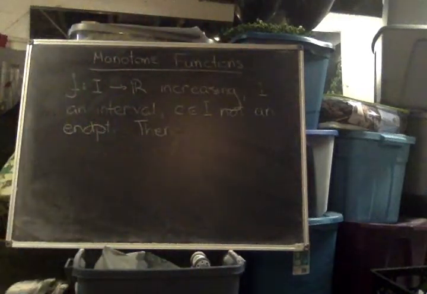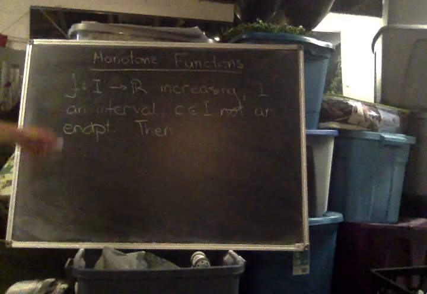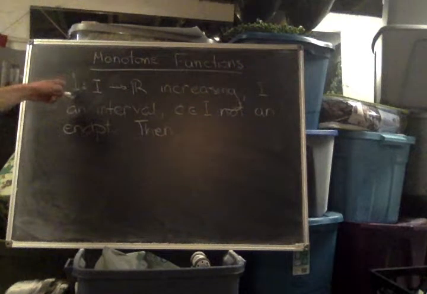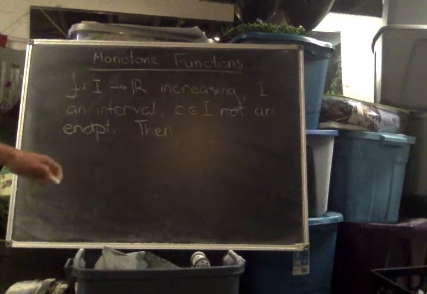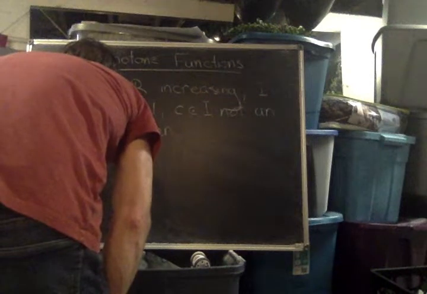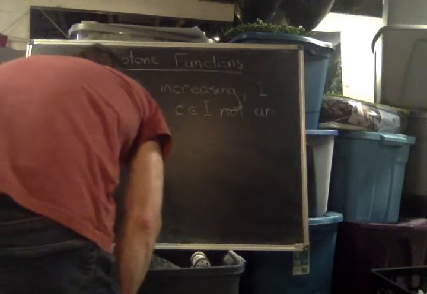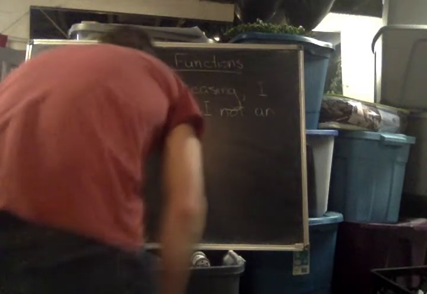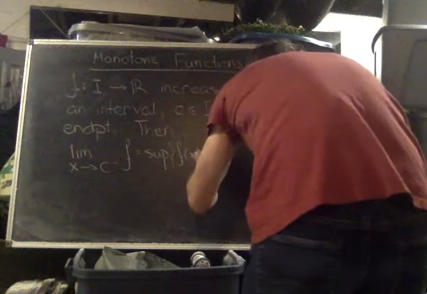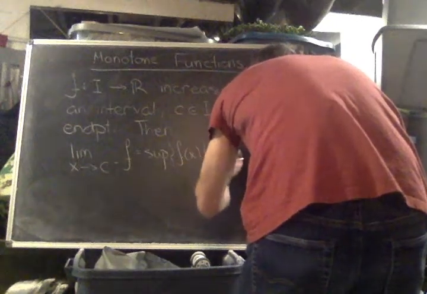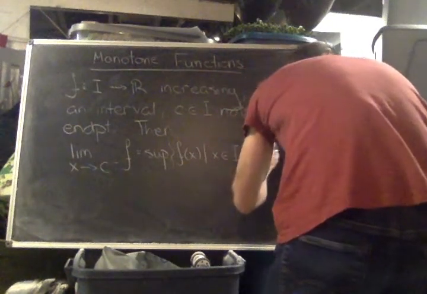then we gave a characterization of the limits of f as x approaches c from the left and from the right. So the limit as x approaches c from the left of f is equal to the supremum of the function values f of x, where x ranges over those elements of the interval that are strictly less than c.